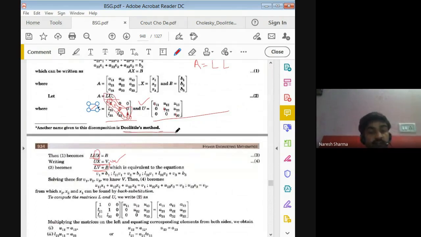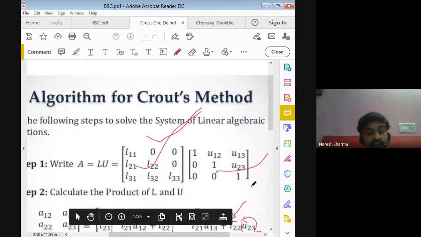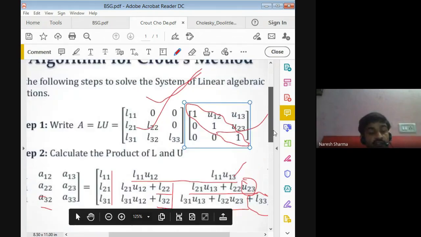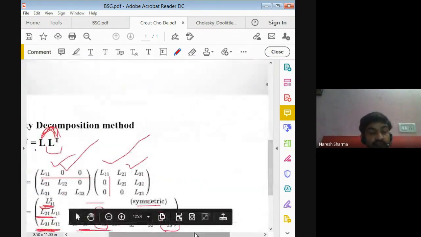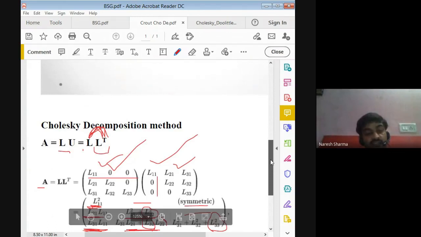In the Crout method, also lower triangular and upper triangular, we use diagonal elements equal to 1 in the upper triangular, not in the lower. And in Cholesky decomposition, we use U as the transpose of the lower matrix. So this is the only difference between these three methods.